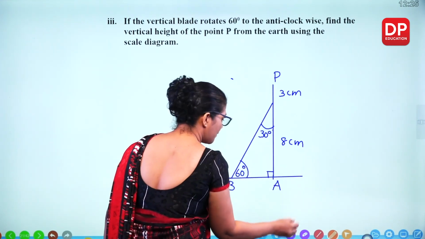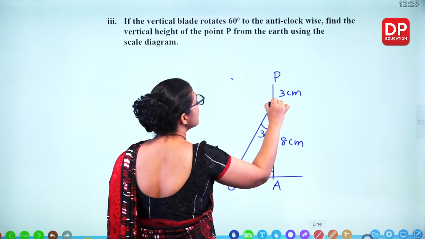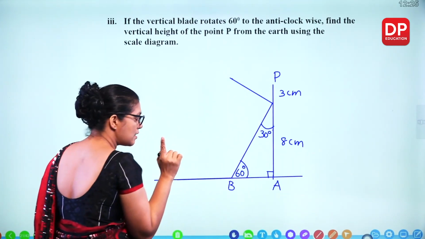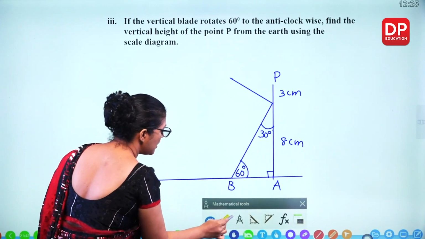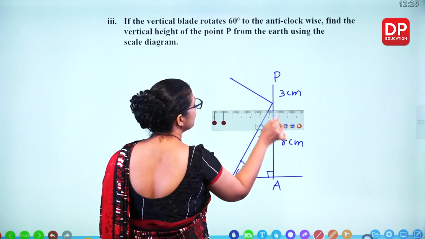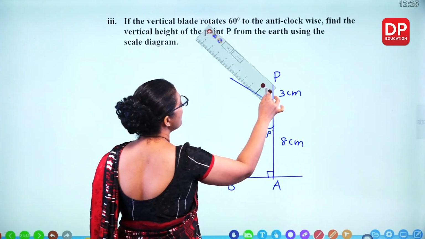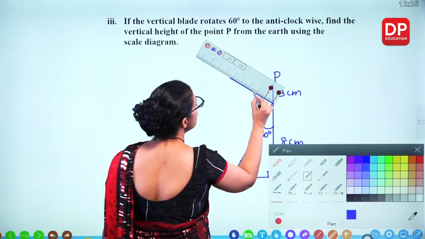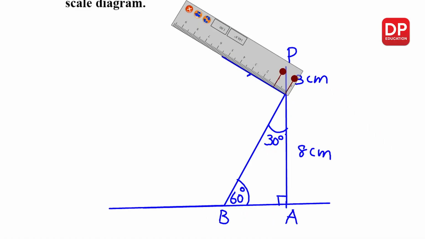So, we can draw that. But what's the length? 3 centimeters. So, we need 3 centimeter length only. From here. So, we need 3 centimeter length. So, here. So, that's the P position now.